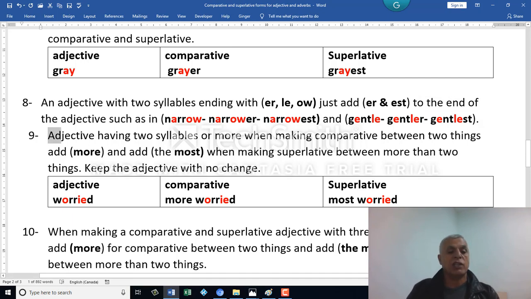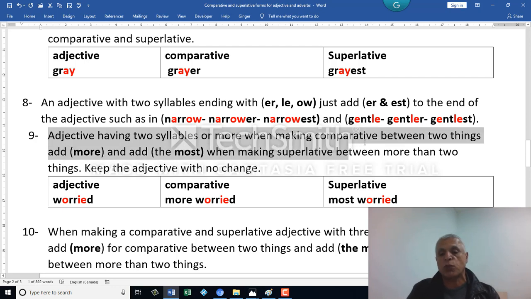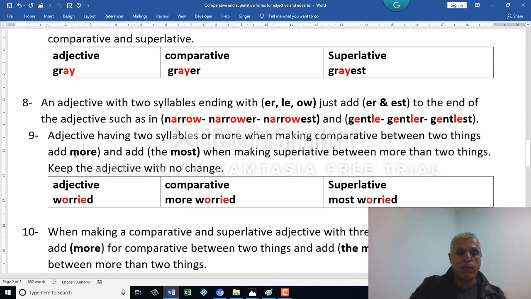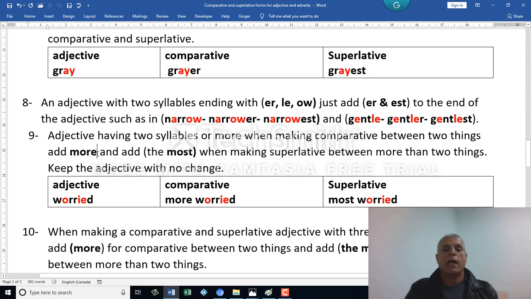When we have an adjective with two syllables or more, when making a comparative between two things, and for more, we have to make sure we have more than two. I mean maybe three, maybe four, maybe a group. We add more when comparing two things, and the most when making a superlative between more than two things. Keep the adjective with no change.